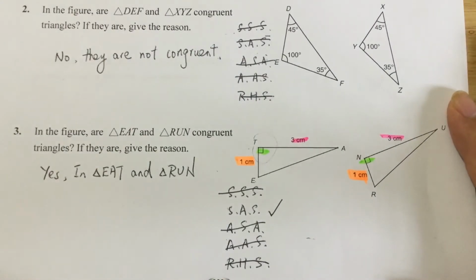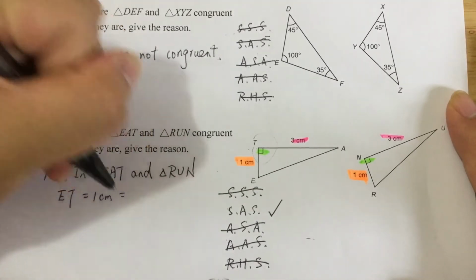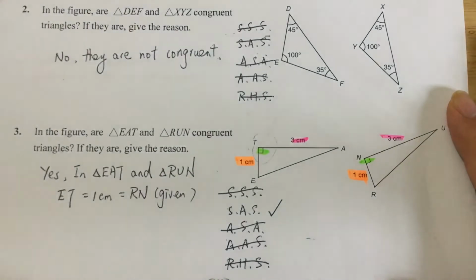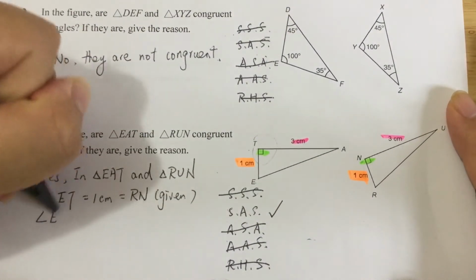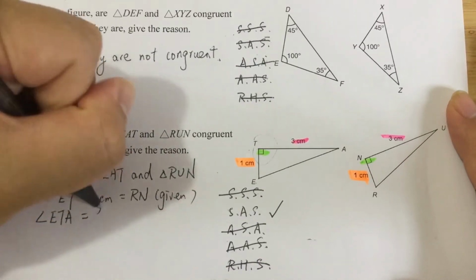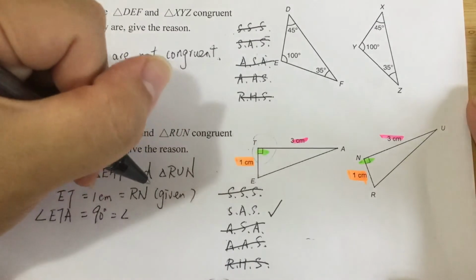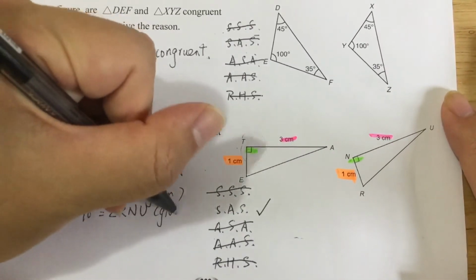The first side is that ET is equal to 1 cm equal to RN, given. We have one side equal, and then we will also have the right angle. Angle ETA is equal to 90 degrees. You can write it or you cannot write it, it's okay. Angle RNU, once again given.